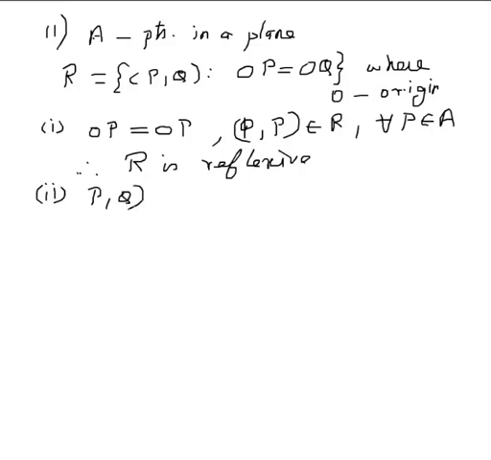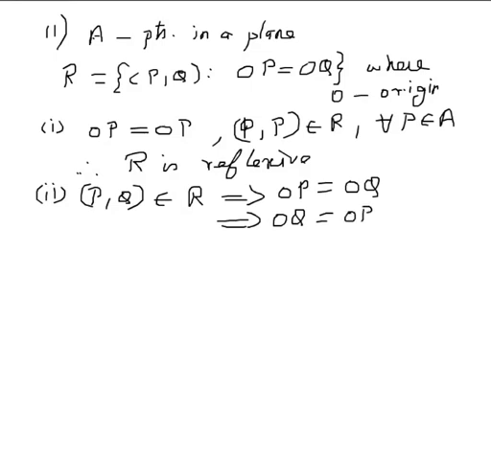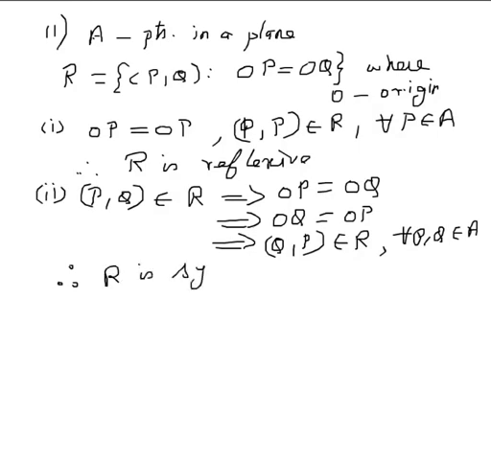Now let us take (P, Q) an element of R, which implies OP equals OQ by the definition. If OP equals OQ, I can very well say that OQ equals OP, which implies (Q, P) belongs to R for any 2 points taken from the set A. Therefore, R is symmetric.